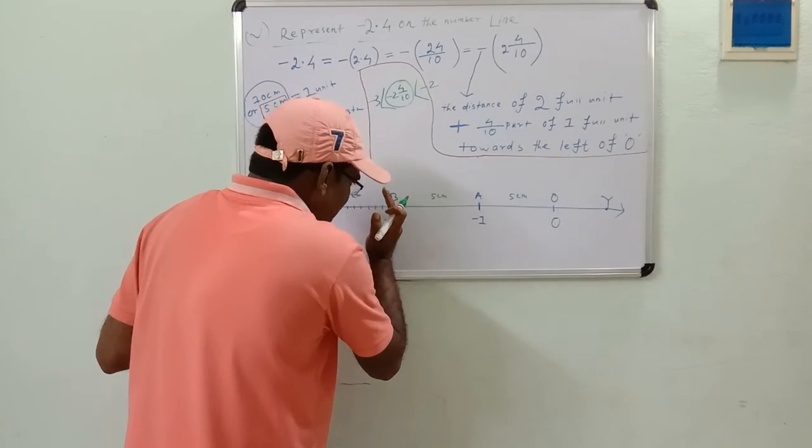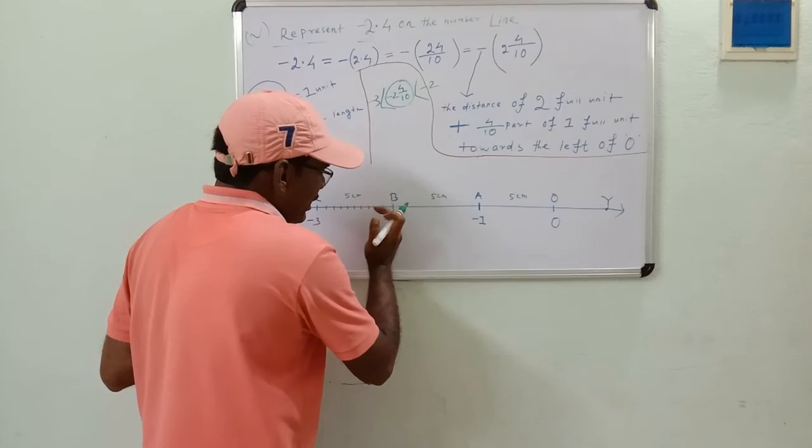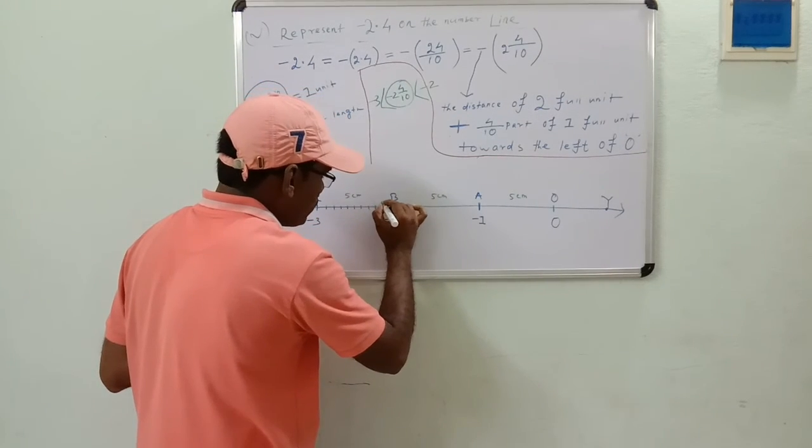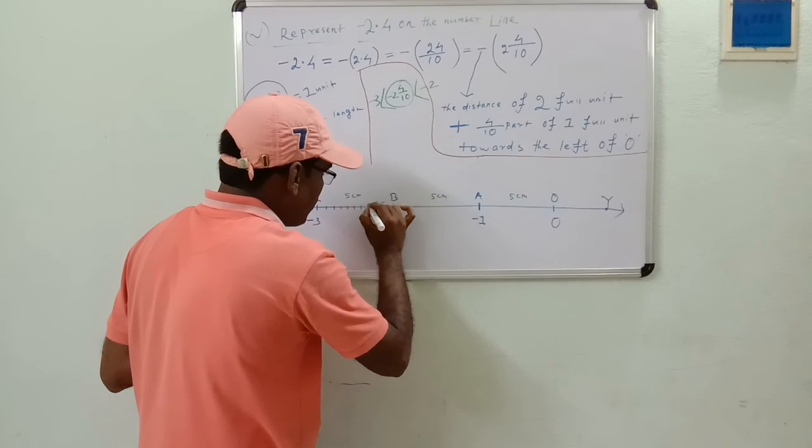So from point B you have to cover only 4 parts, this part, this part, this part, this part.